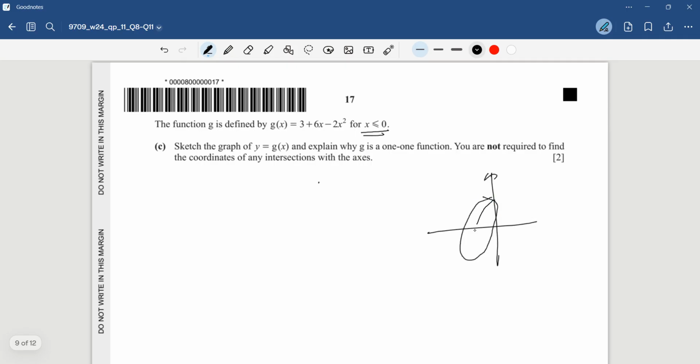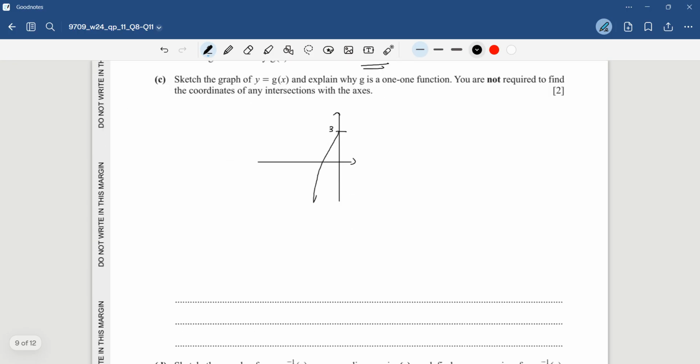It's only this part, so we redraw. It's something like this only. Here, when x equal to 0, y equal to 3.